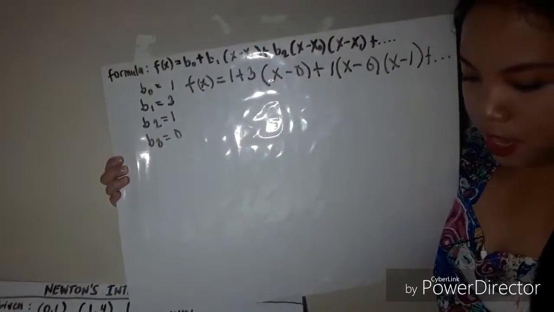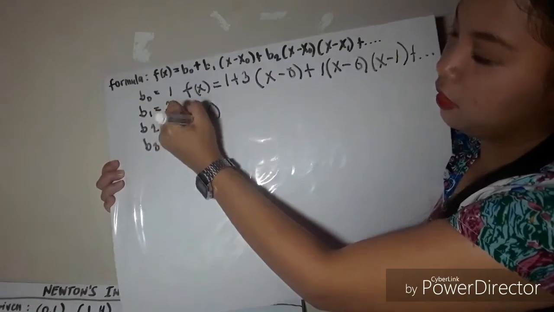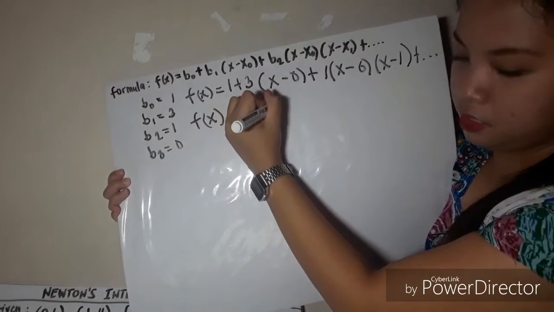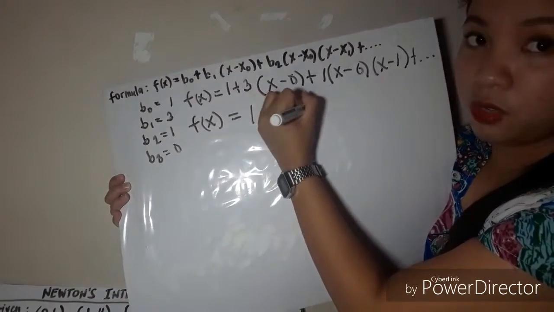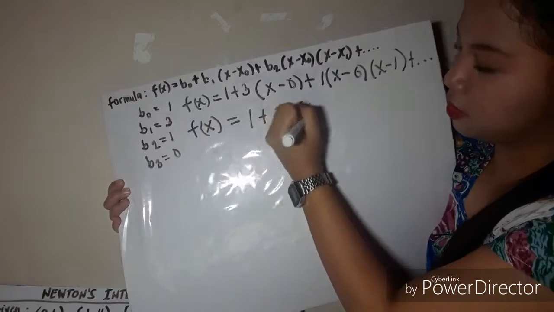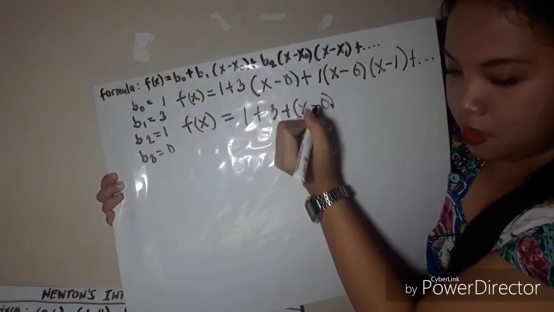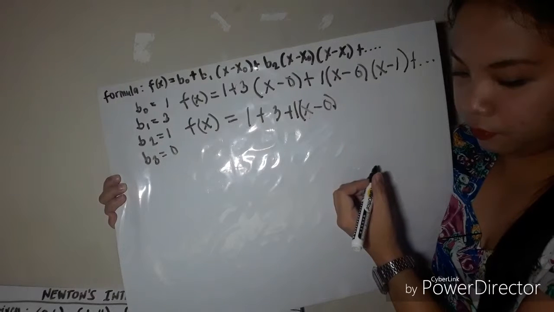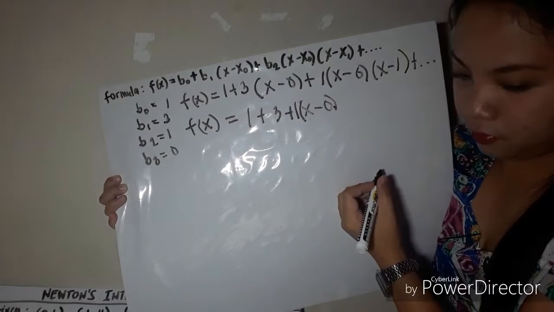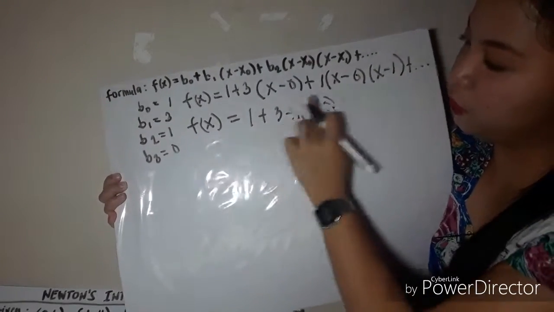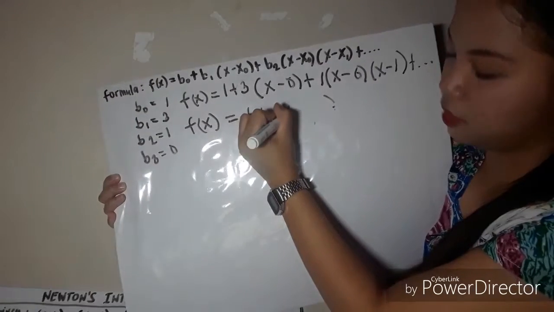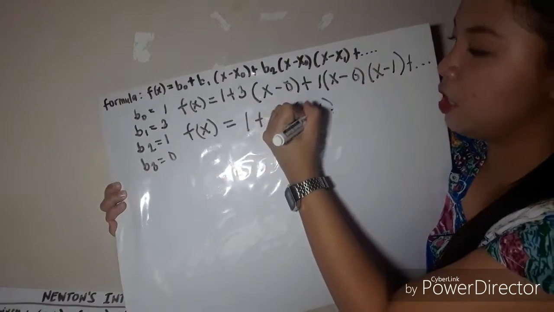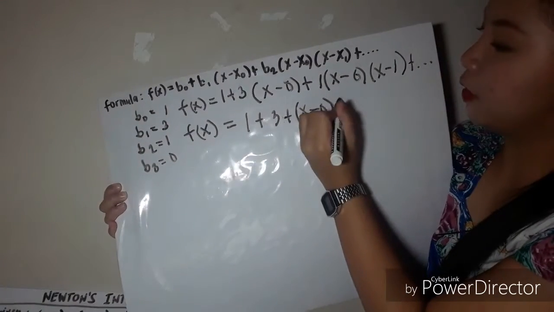By getting it, it will become 1 plus 3 times x minus 0, plus x minus 0 times x minus 1.